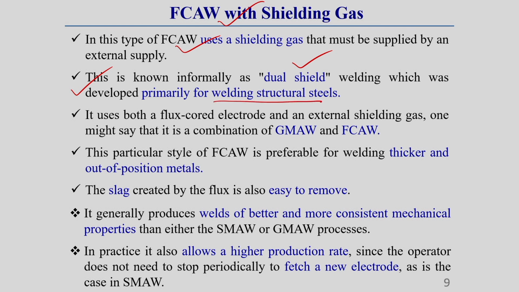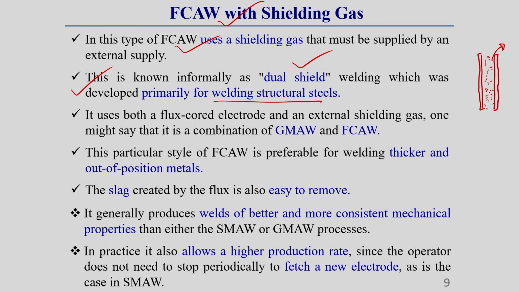In this welding process, the core wire we use may contain not only flux but also some other alloying elements. Sometimes only a metal core wire is used, meaning metal powder is inserted inside the core of the electrode.